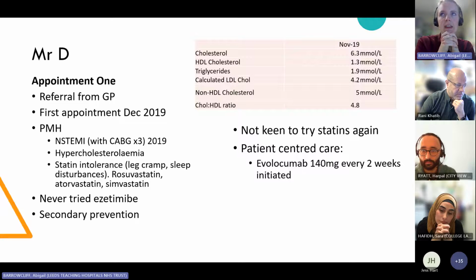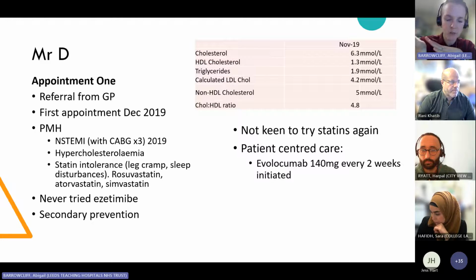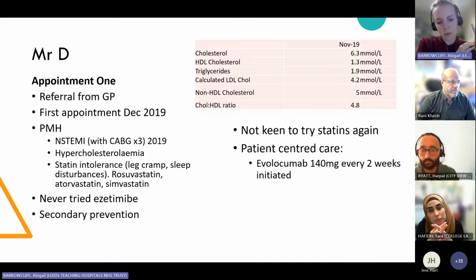I think for me, we have the cardiac outcome data for PCSK9 inhibitors, which is a big pull to the PCSK9 inhibitors. However, if you have a patient who doesn't want to self-administer because of a needle phobia or because it makes them uncomfortable, then being able to offer treatment with inclisiran is so valuable.